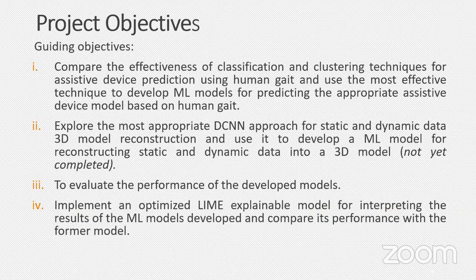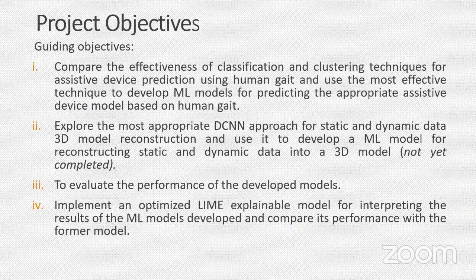Our objectives for this research were, first, to check classification and clustering techniques and find out which is more effective for assistive device prediction from human gait. Then, using the most effective one, to develop a machine learning model that can be used for device model selection based on human gait.